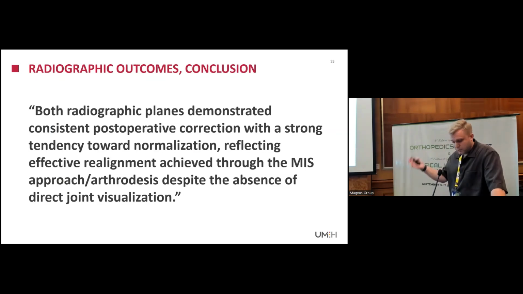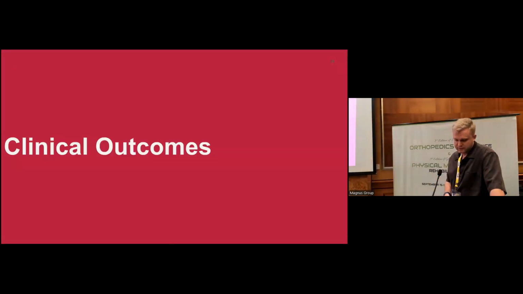So we concluded both radiographic planes demonstrate a consistent postoperative correction with a strong tendency toward normalization, reflecting an effective realignment achieved through the MIS approach or arthrodesis, despite the absence of direct joint visualization.